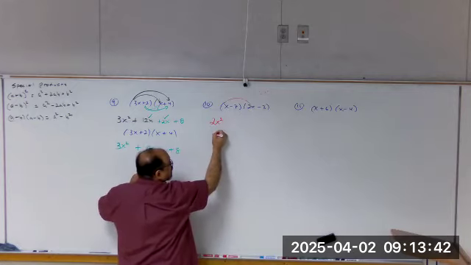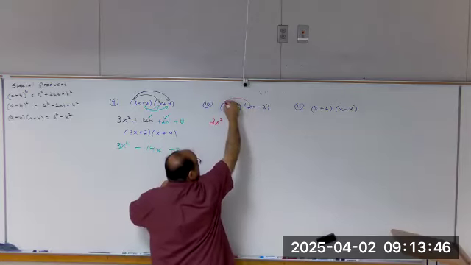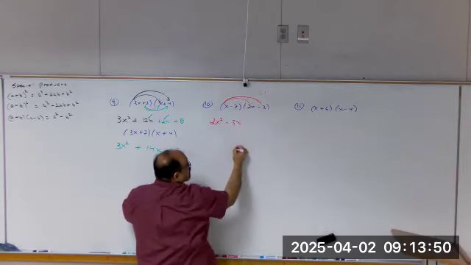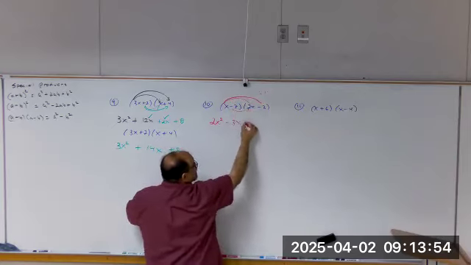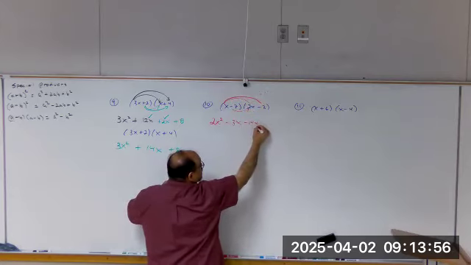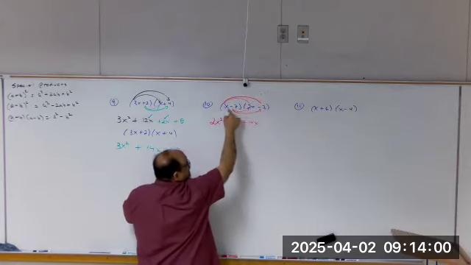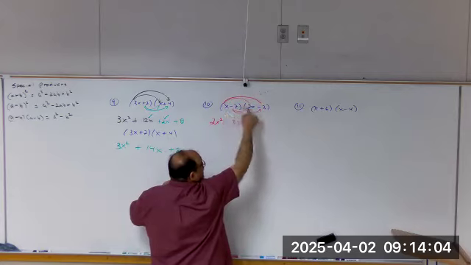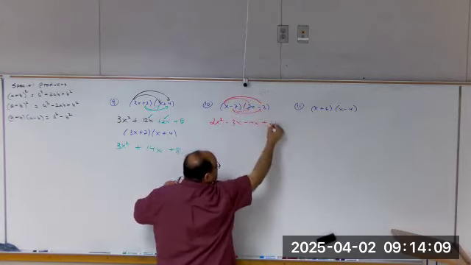In the second, positive x times negative 3, that's a negative 3x. Negative 7 times positive 2x, that's a negative 14x. And then last times last is a negative times a negative, so it's going to be a positive. 7 times 3 is 21.